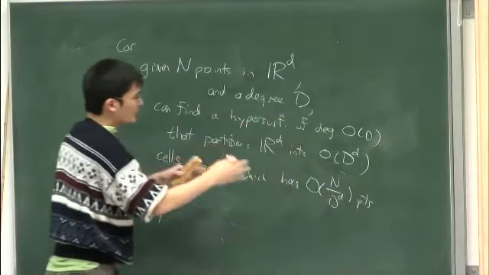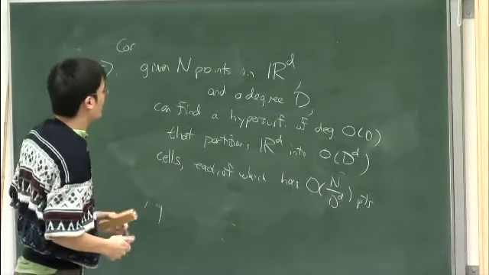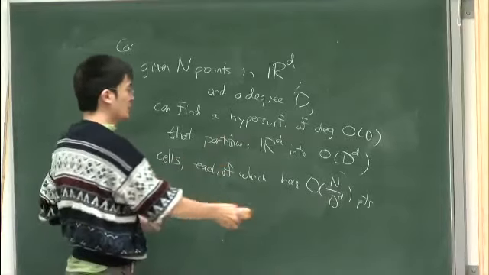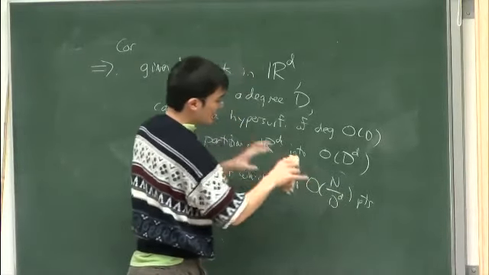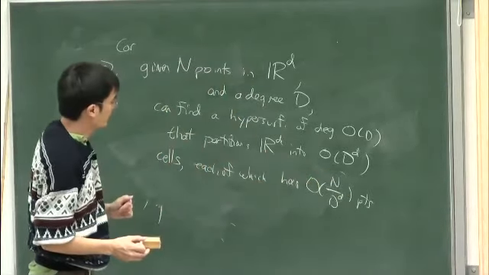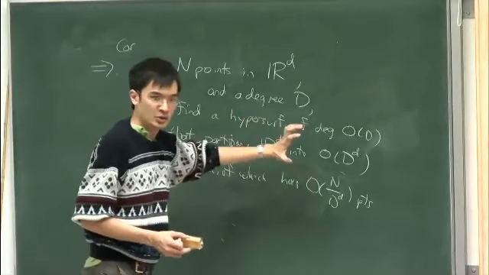So there's a way to equitably cut up a large configuration of points, no matter how they're distributed, into basically equally sized smaller configurations of points using a curve that's not too high a degree.